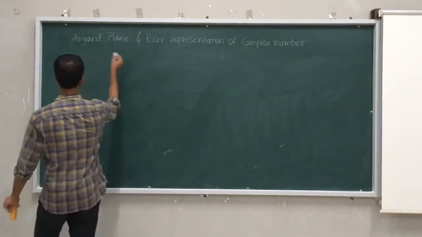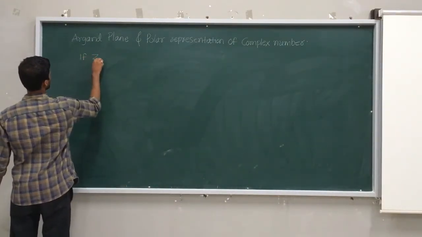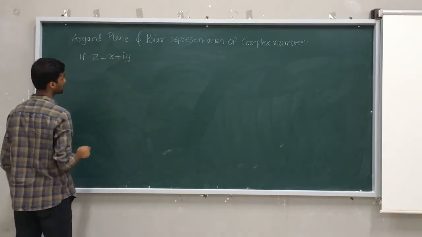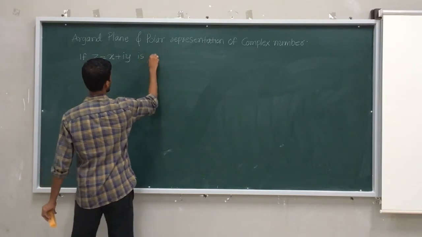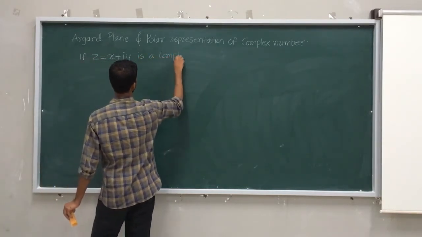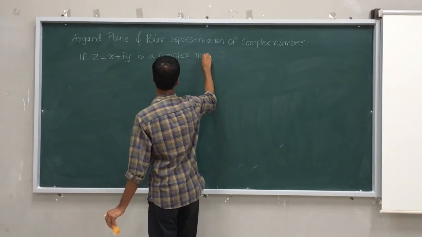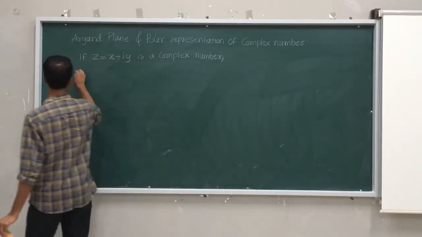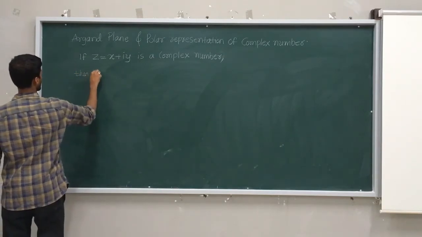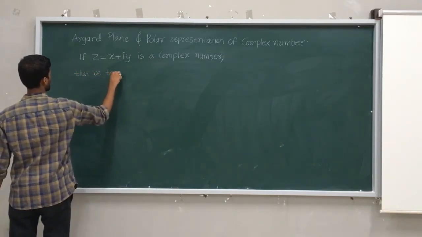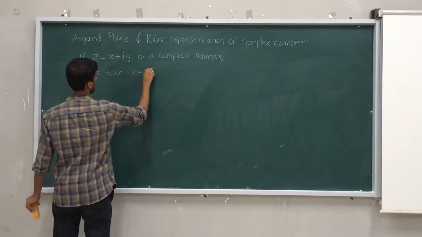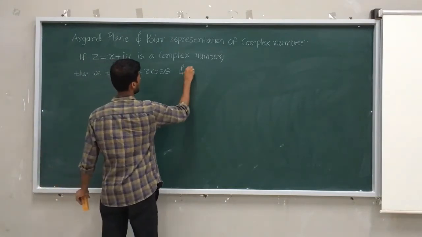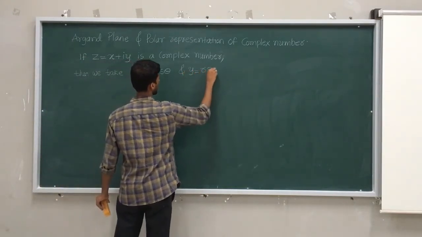Always keep in mind, if z equals x plus iy is a complex number, then we take x equals r cos theta and y equals r sin theta.